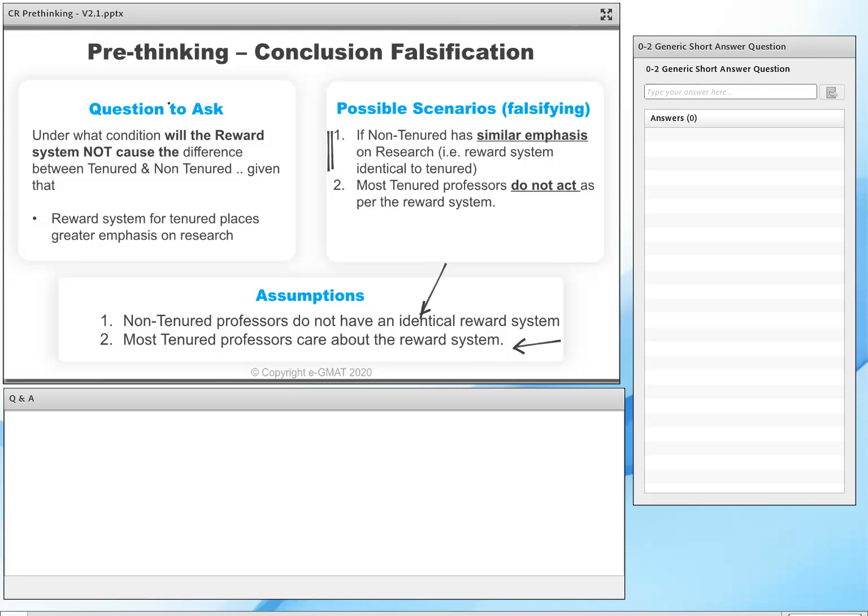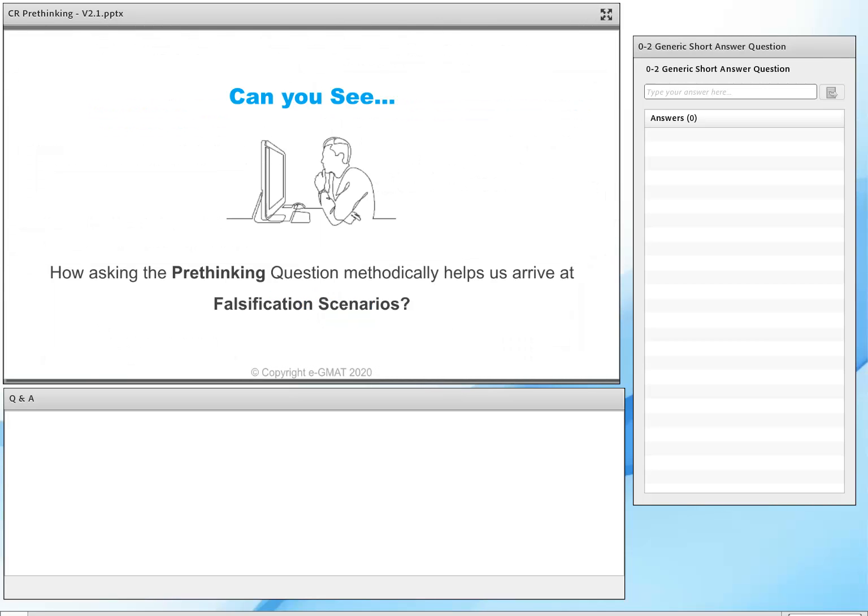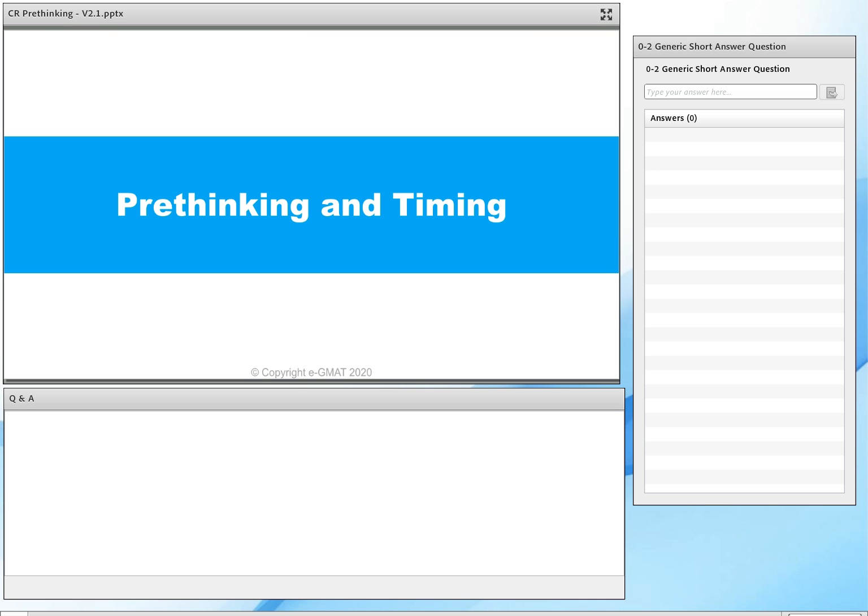When you translate the logic, you're going to find that this logic repeats again and again. Visualization allows you to map the argument into categories, which, if you are an e-GMAT student, you see as those comparison categories and entities categories.